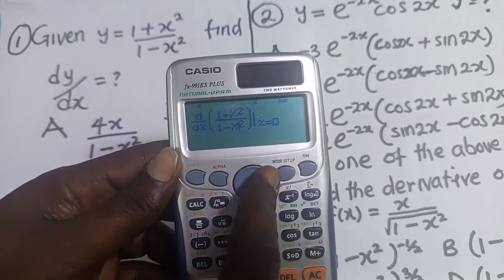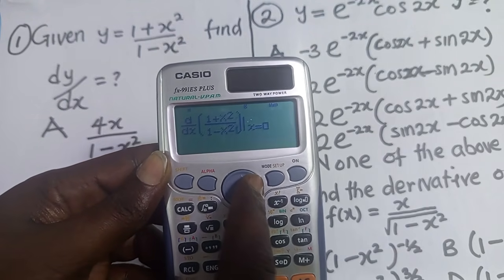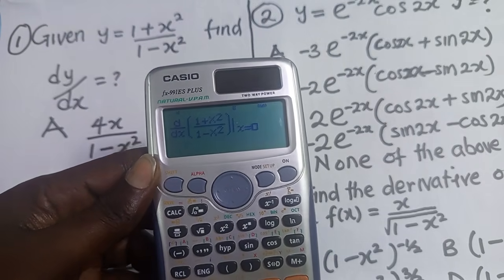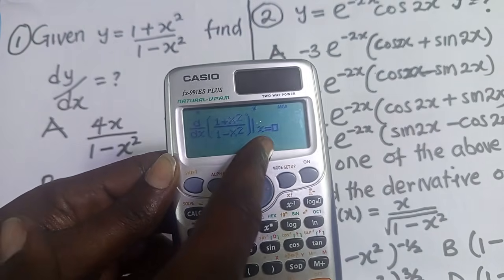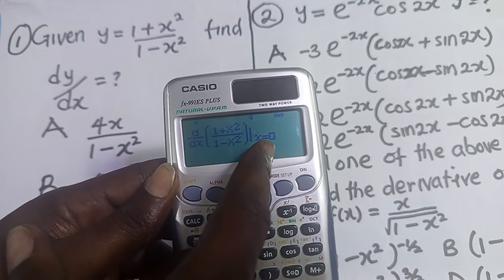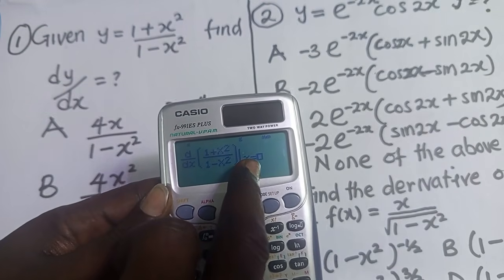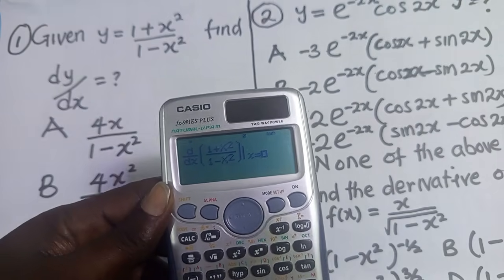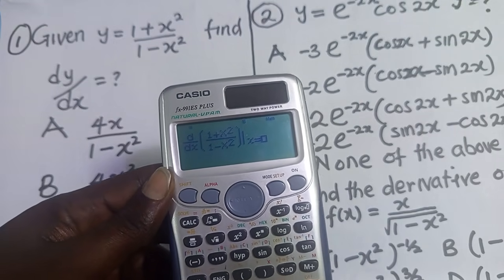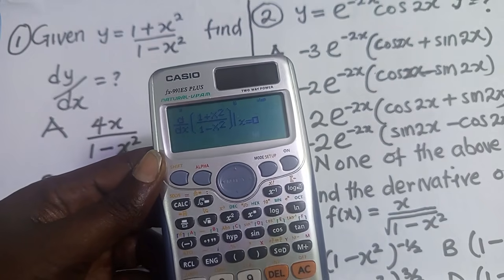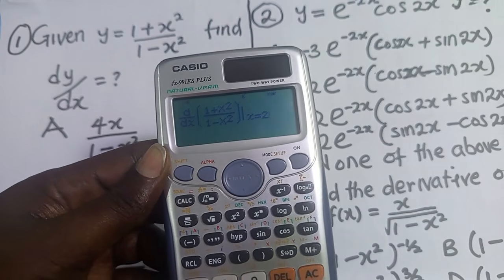What you do next is shift and find the derivative, because you cannot find the derivative without placing a point here. You must ascertain the point, so that when you place a value for x here, that value is what you are going to use to test all the options to see which one is correct. Now let us choose 2 as our x.